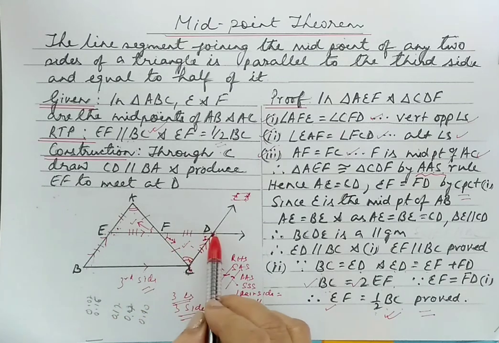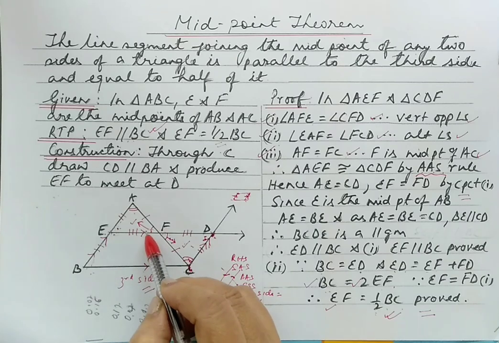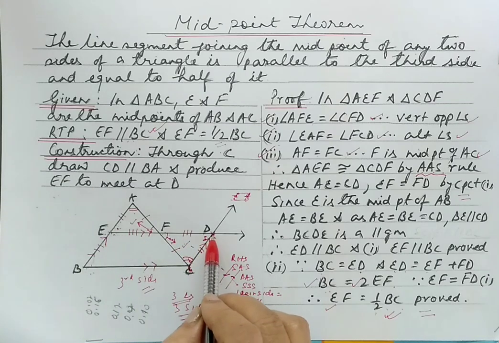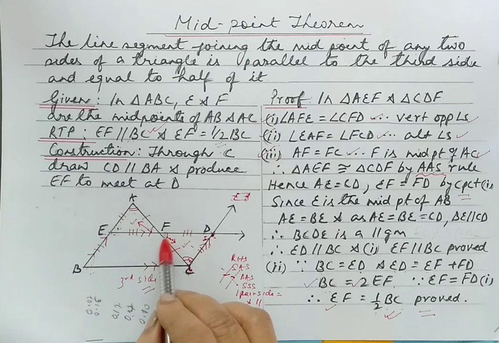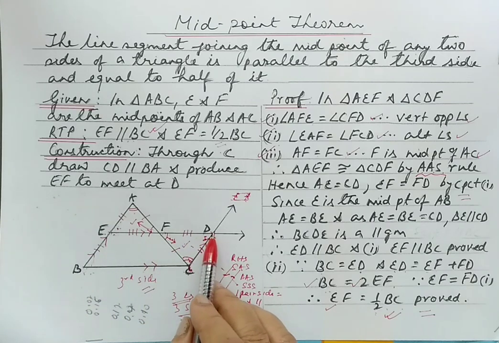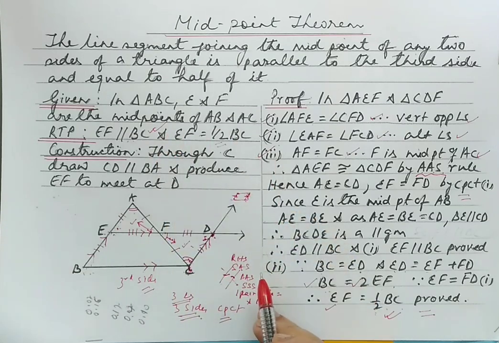Automatically we know that ED is running parallel to this, as BCDE is a parallelogram. Got it? So this is running parallel to this, which means not only ED but EF too is running parallel to BC, as EF produced is ED. So the first one we have been able to prove.